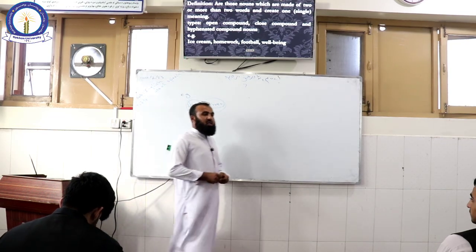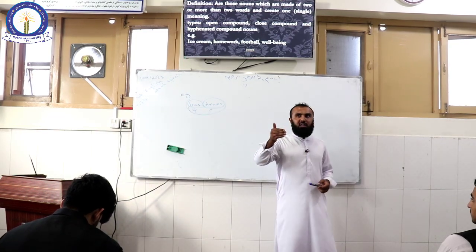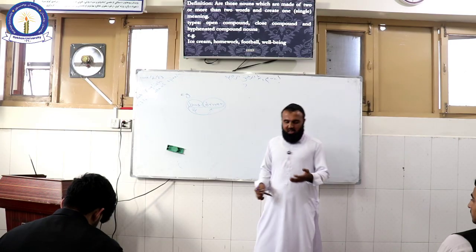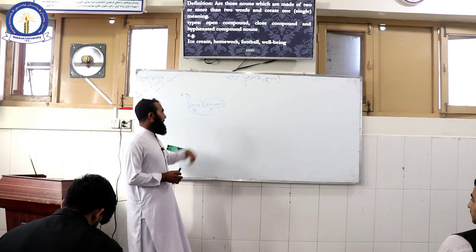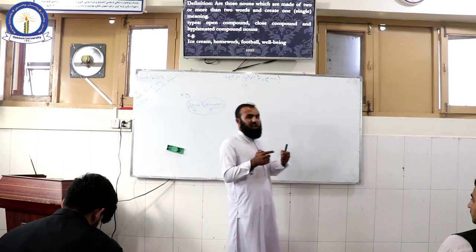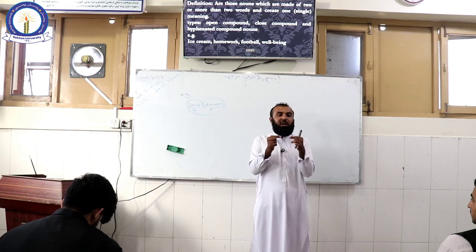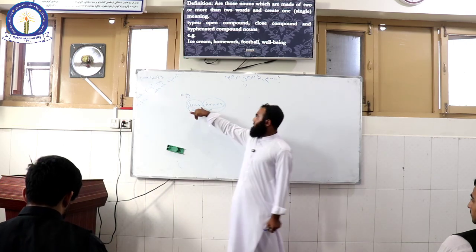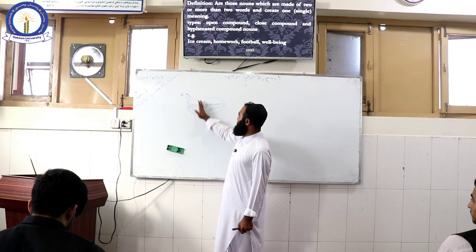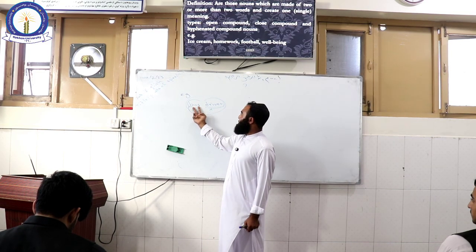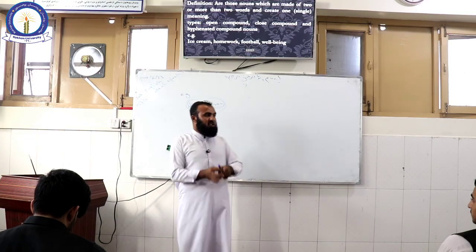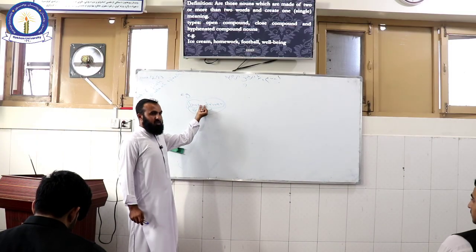Okay? But after that we have three types of compound nouns: open compound nouns, closed compound nouns, and hyphenated compound nouns. Open compound nouns are those nouns which are written as two words, meaning there should be a space and they are separate. Like bus and driver. There is a space between the two nouns.